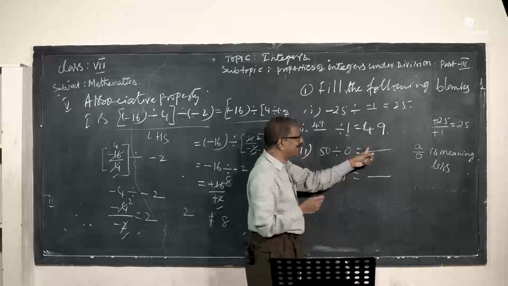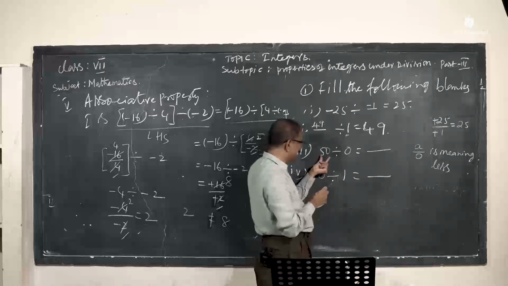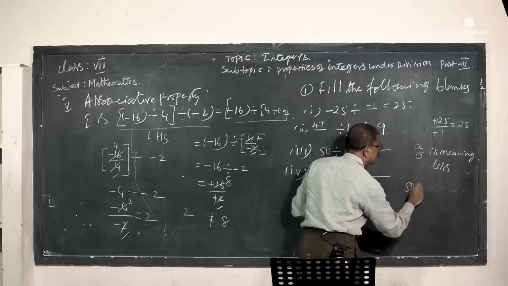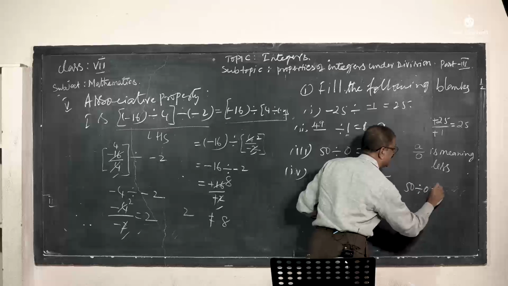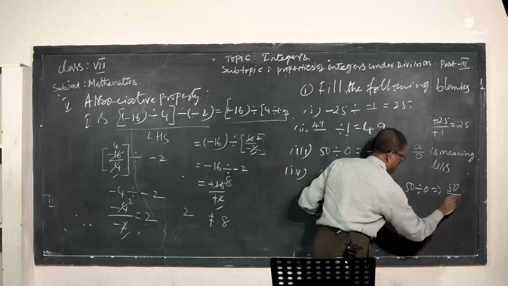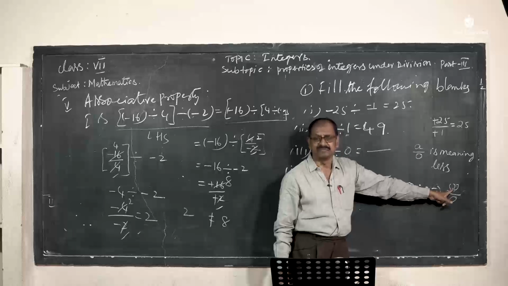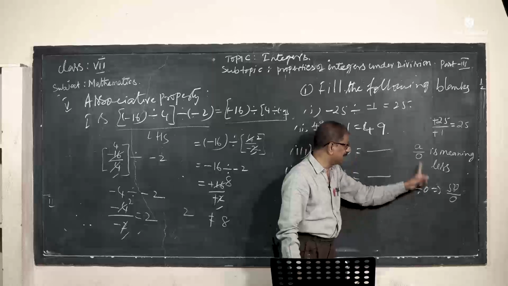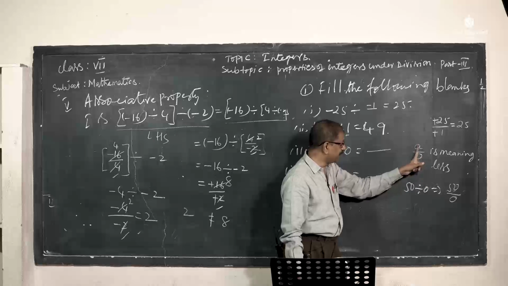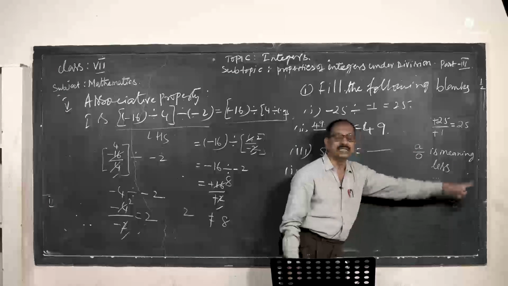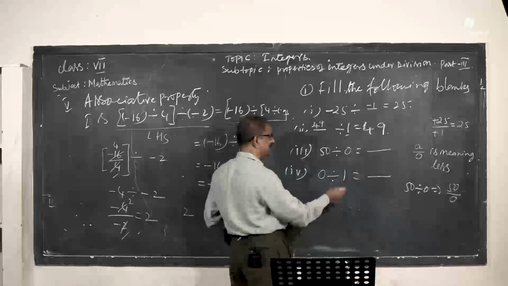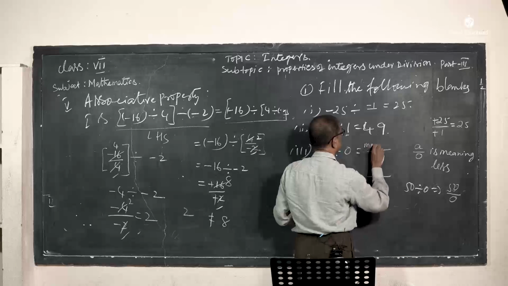So what should I write here? 50 divided by 0 means I can write 50 divided by 0. Both are similar. In place of a we have 50, so 50 by 0 is nothing but meaningless. So we can write here: meaningless.